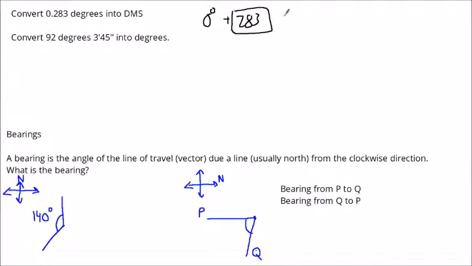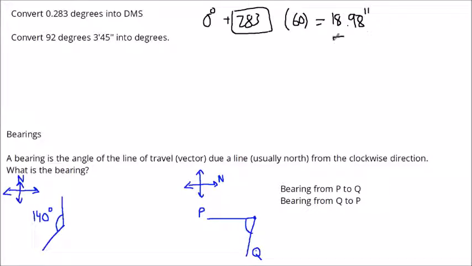We're going to multiply by 60. 283 times 60 is, I'm sorry, I'm bad at math, 16,980. So since it's 0.283, it'll be 16.98 minutes. So 16 minutes and 0.98.